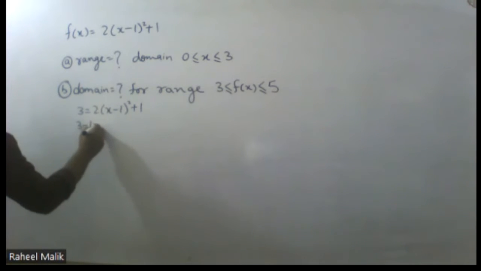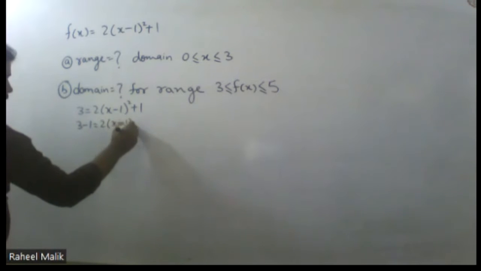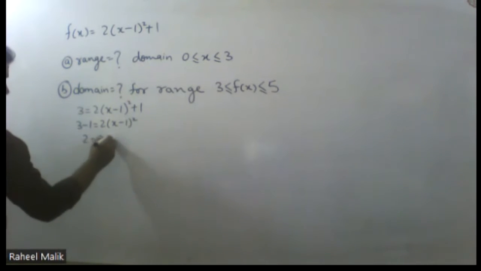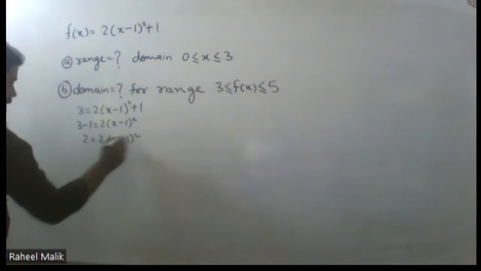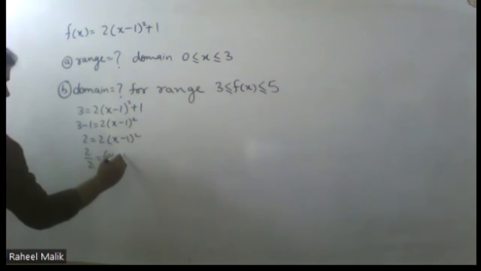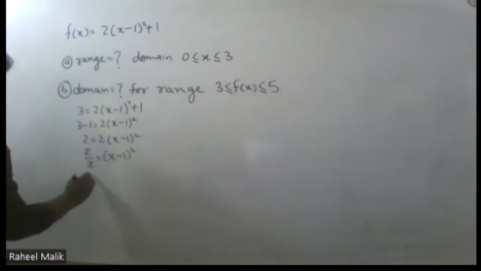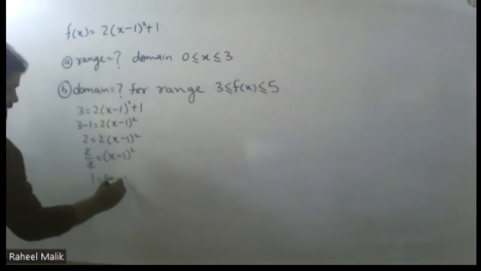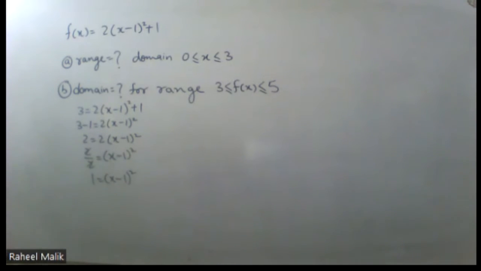3 minus 1, 2(x minus 1) whole square. 2 equals 2(x minus 1) whole square. 2 divided by 2 equals (x minus 1) whole square. 2 and 2 cancel. 1 equals (x minus 1) whole square.